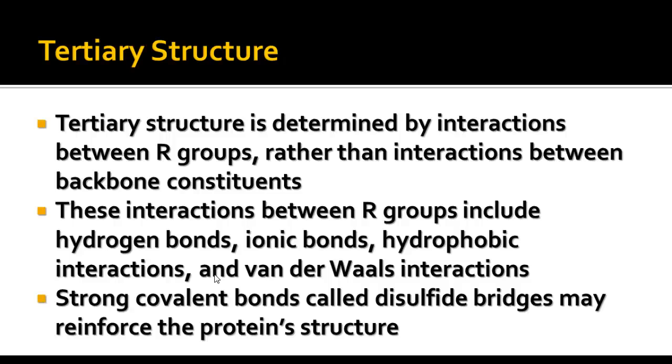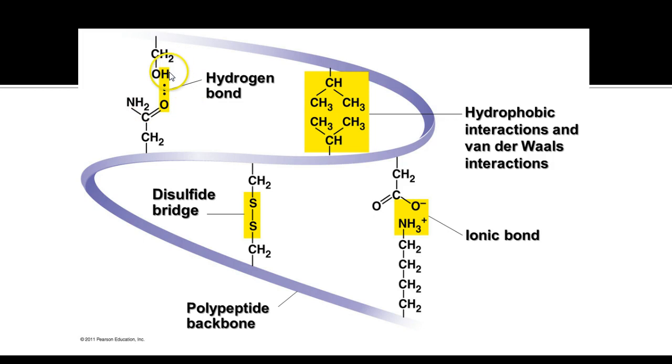There are also strong covalent bonds that can occur called disulfide bridges, and that gives a lot of reinforcement to protein structure. So here we have various kinds of bonding, hydrogen bonding between a hydroxyl group and a carbonyl group here. We have hydrophobic interactions. All of these methyl groups here are hydrophobic, so they're going to have a tendency to stay together away from more hydrophilic parts of the molecule.